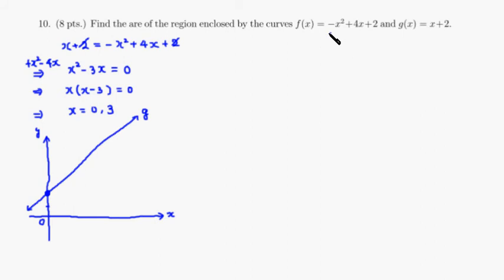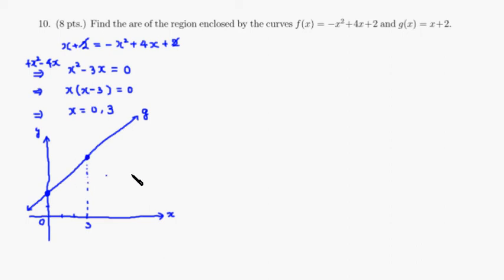Then f of x is a parabola because it's a quadratic function, and the leading coefficient is negative, which means it's facing down. I'll put the 3 here, so 1, 2, 3. The parabola goes through 0 here, and 3 is the other intersection point.